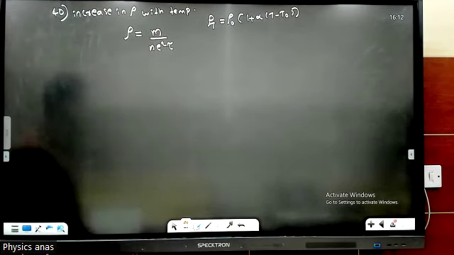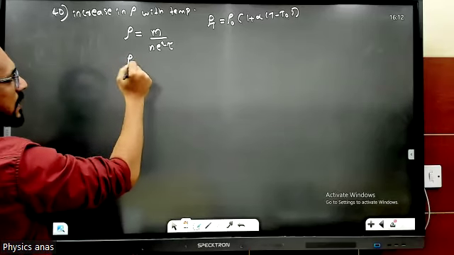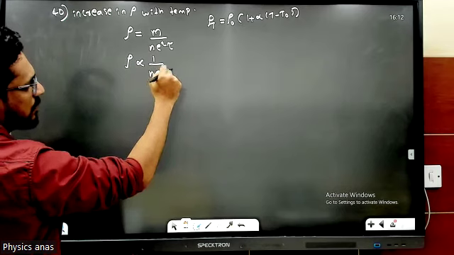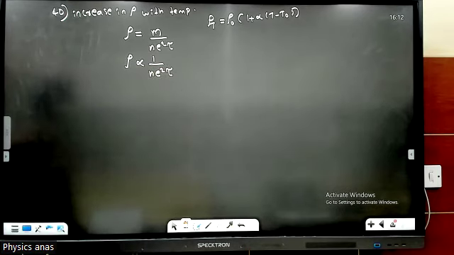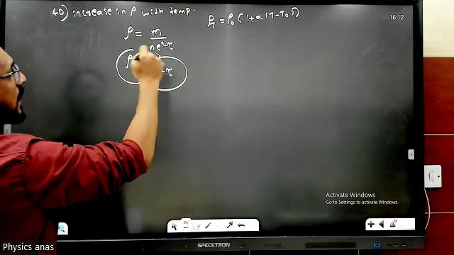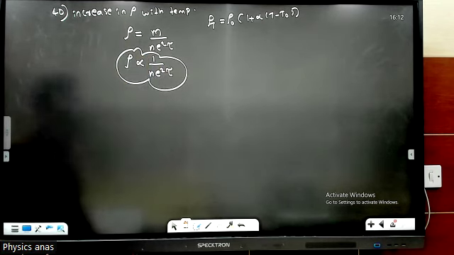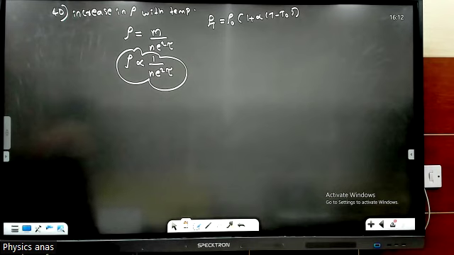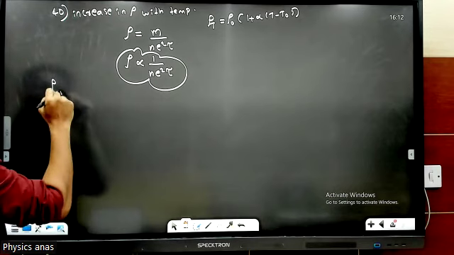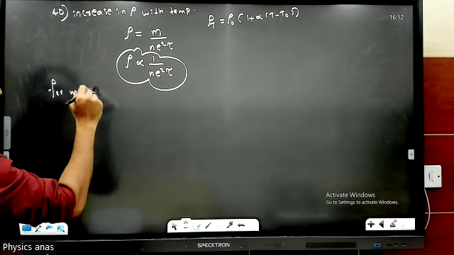From this equation, rho is inversely proportional to n e square tau. You can use this equation to explain why the resistivity of a metal increases with the temperature.